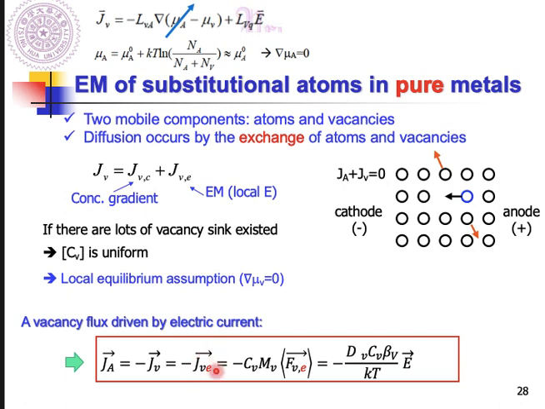So we can rewrite this term as mobility, concentration and driving force: mobility of vacancy, concentration of vacancy, and the driving force acting on this vacancy. The mobility can be expressed like this: the diffusivity of vacancy divided by kT.